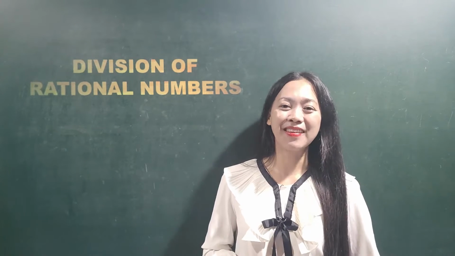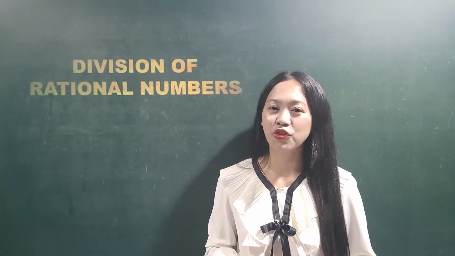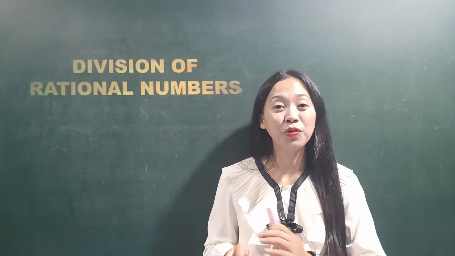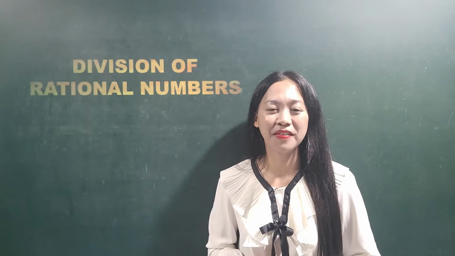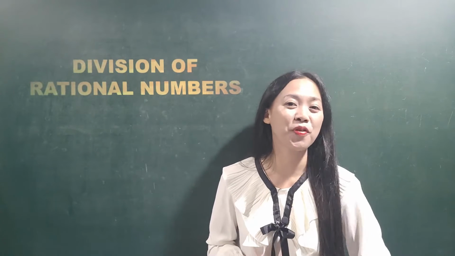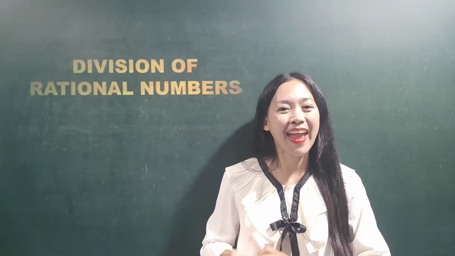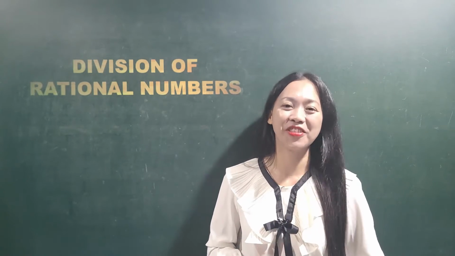This episode is divided into two parts. In the first part, I will show and explain how to divide signed numbers. In the second part, I will focus on how to perform mixed calculations, multiplication, and division of rational numbers.